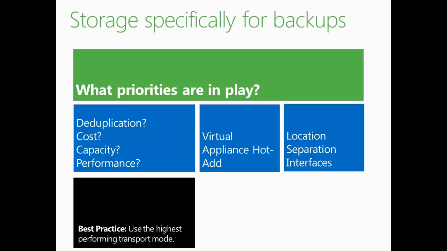The low-cost addition, which would be a Windows Server 2012 repository, and then more sophisticated solutions like hardware appliances. Side note, those hardware appliances can receive backup data from other products, and so can Windows Server 2012 for that matter. So, if you have a lot of things going on, and I realize the average company has 2.4 or 2.3, I can't remember the number, backup products. So if you have a lot of things going on, that might be a factor.